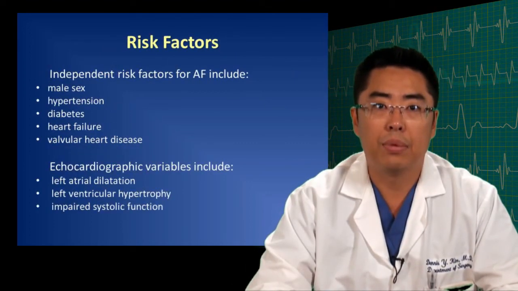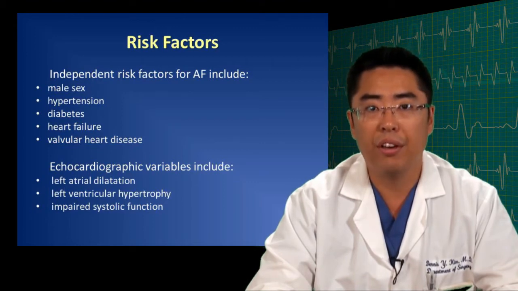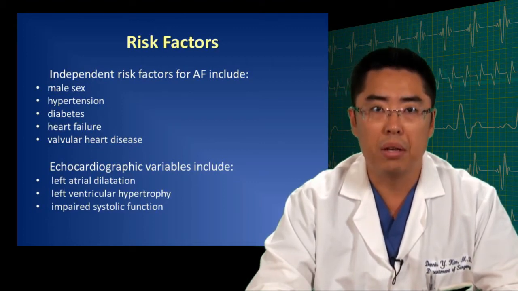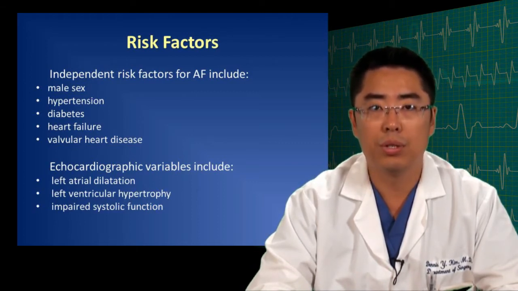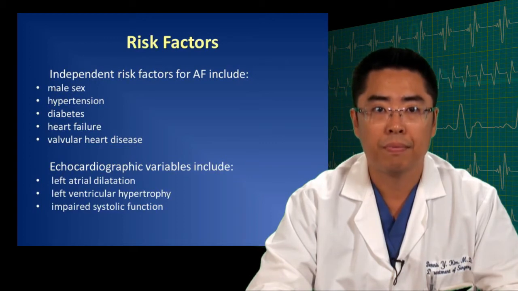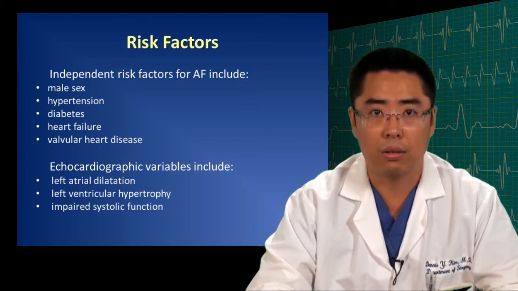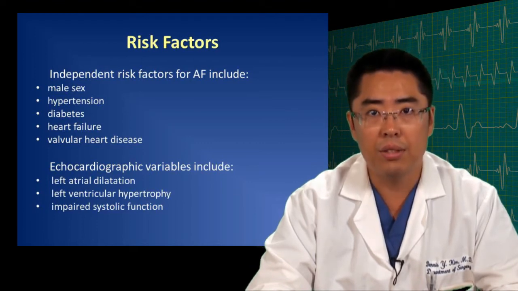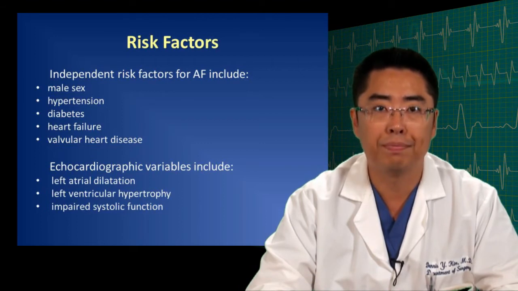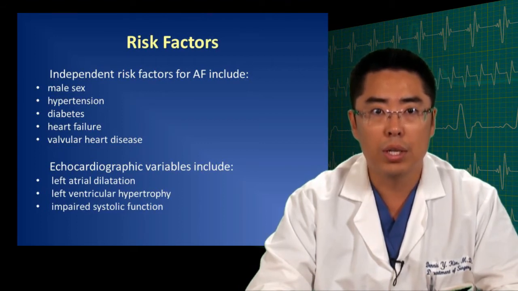Results from the Framingham study demonstrate a number of independent risk factors for atrial fibrillation, and these include male sex, the presence of hypertension, diabetes, heart failure, as well as valvular heart disease. Hypertension is by far the most common underlying risk factor for atrial fibrillation, and this is secondary to the significant prevalence of hypertension in the U.S. population.